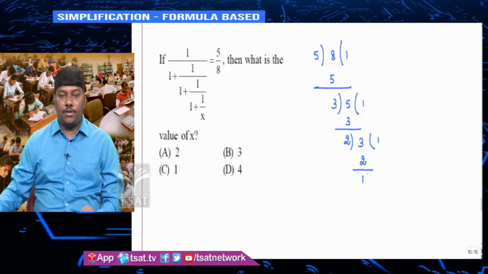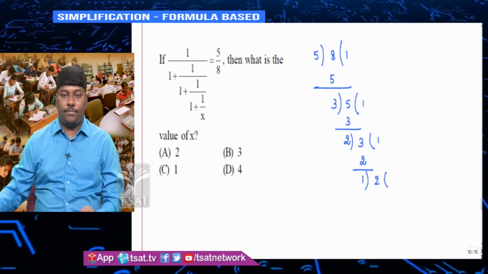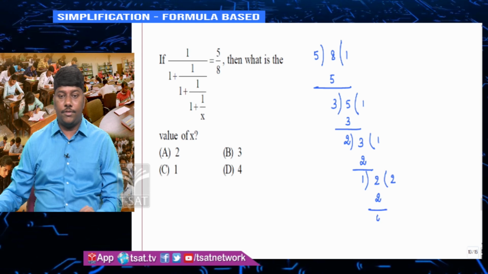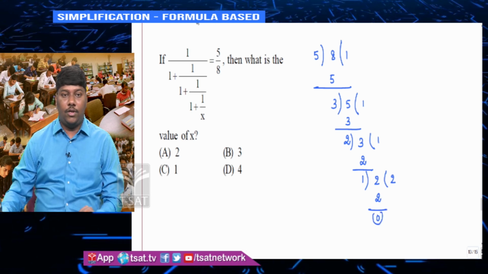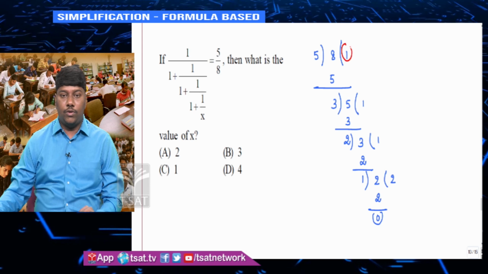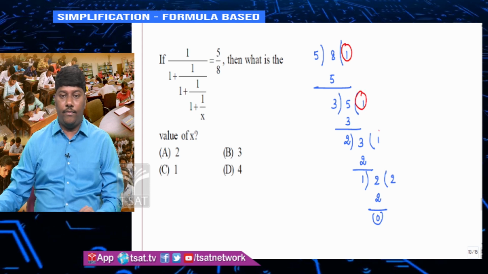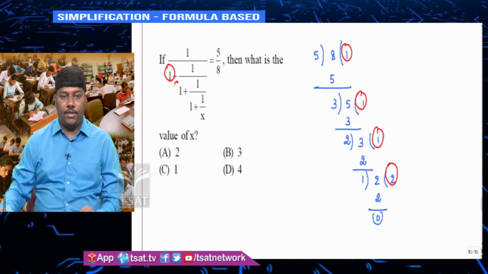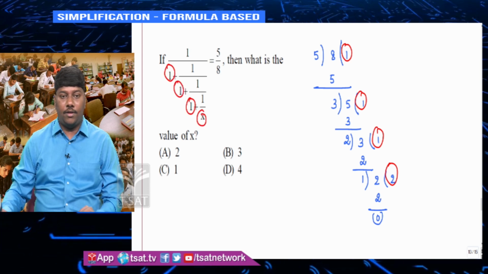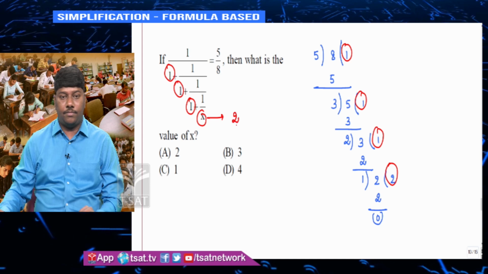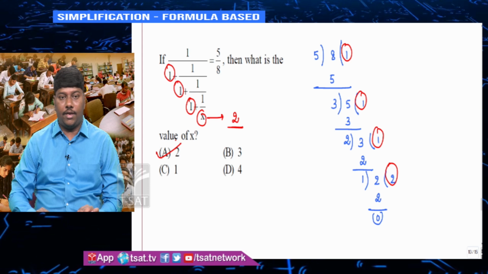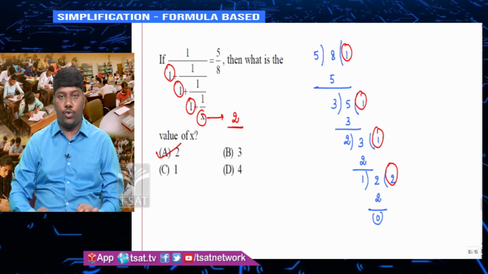Remainder is 1. 2 becomes the dividend. Finally, 1 2s are 2. Remainder is 0. So we can stop here. Look at the quotients. Quotients are 1, 1, 1, 2. So it should be equal to 1, 1, 1 and x must be 2 here. So the value of x is 2. So answer is option A, x is equal to 2.